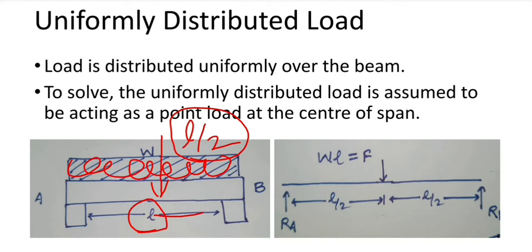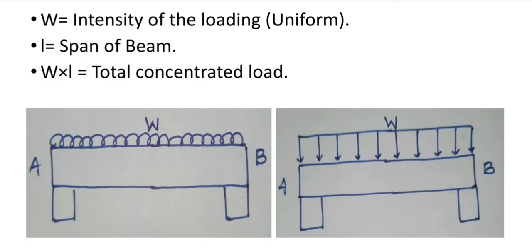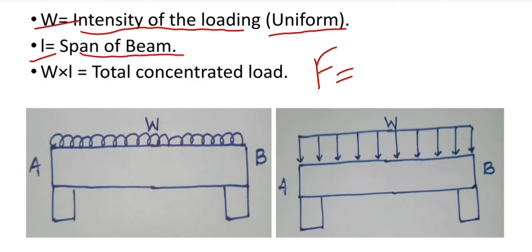So the force F, see here, the force F is applied at the length L by 2 from both the sides. Okay, now coming to the second conclusion, what will be the magnitude of force F? We know that W is the intensity of loading and the loading is uniform, and L is the span of the beam.